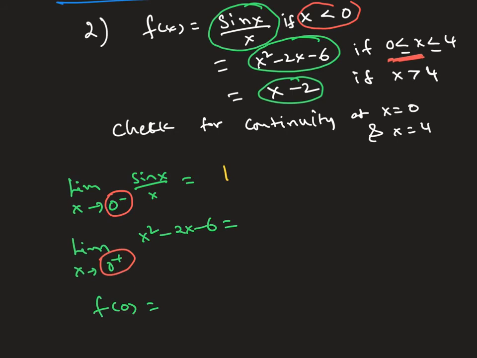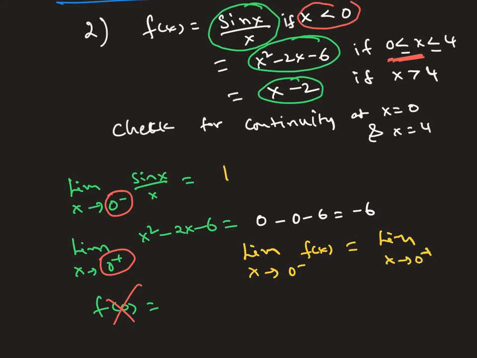We learned in limits that the answer is 1. If I plug in for this function, 0 minus 0 minus 6 is negative 6. So you don't even have to verify this. You can just simply say this function is not continuous because the left side limit is not the same as the right side limit.